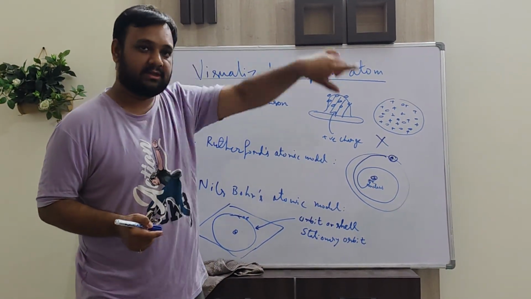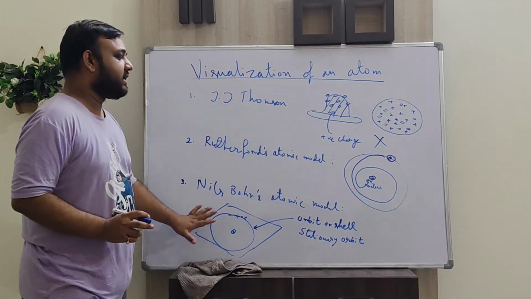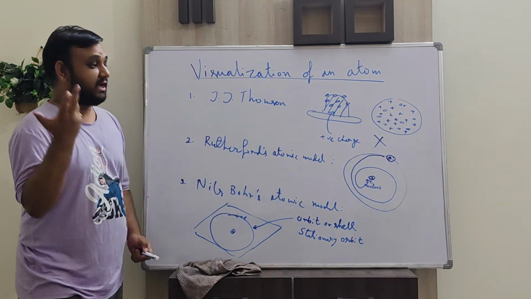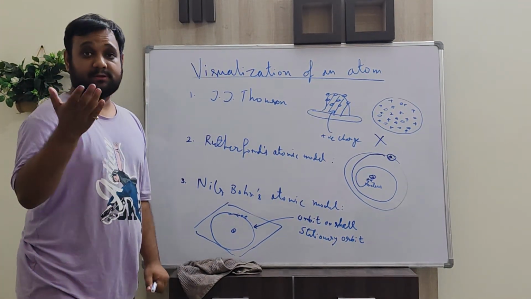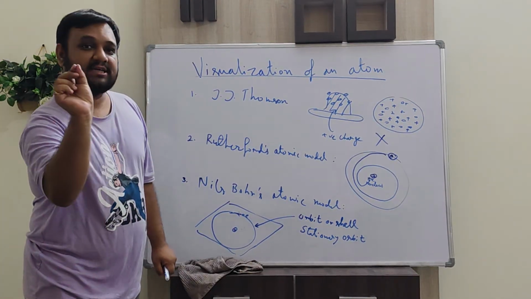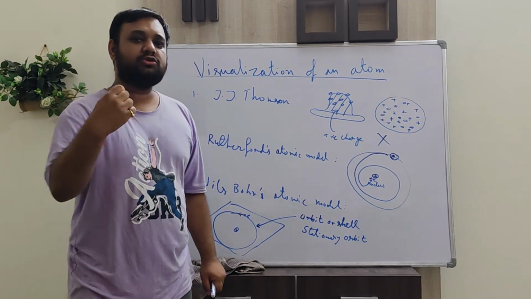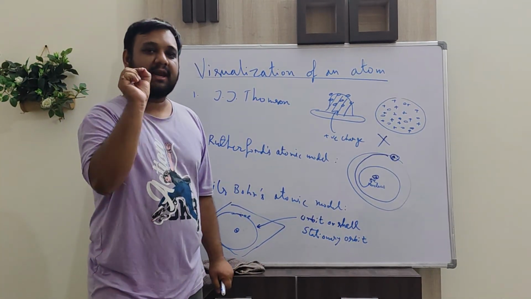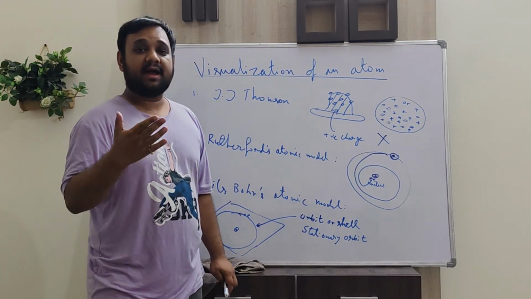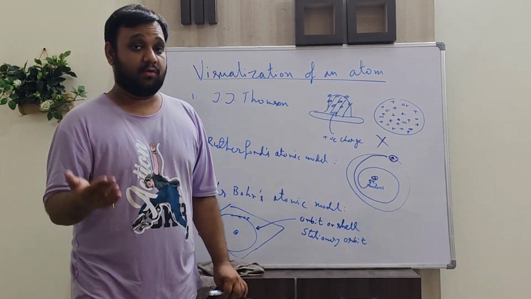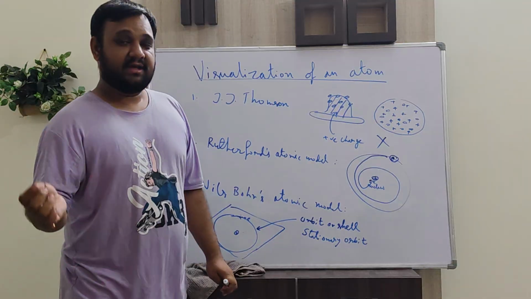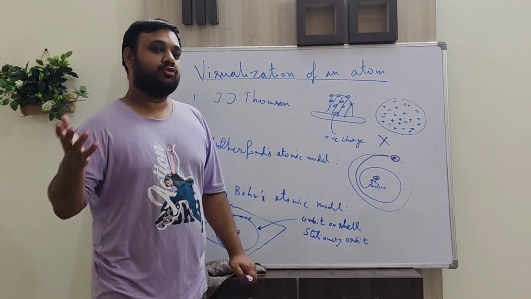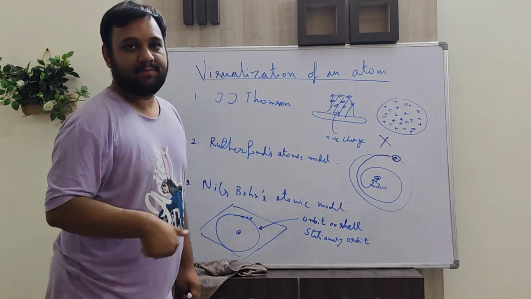But this model was not enough to justify some specific experiments, such as the fine structure of hydrogen atoms and the spectral lines in hydrogen. Also, new models were coming out. The scientist de Broglie said that electrons are not just particles, so we cannot justify it as a particle.